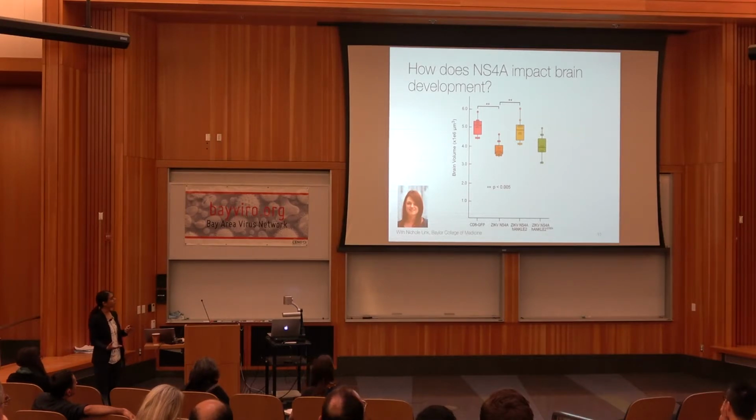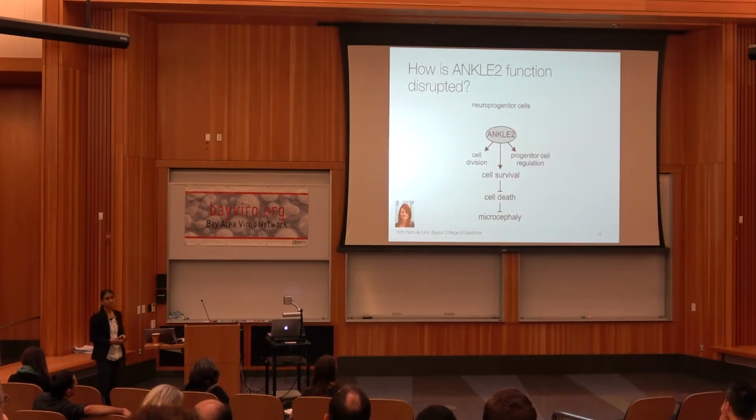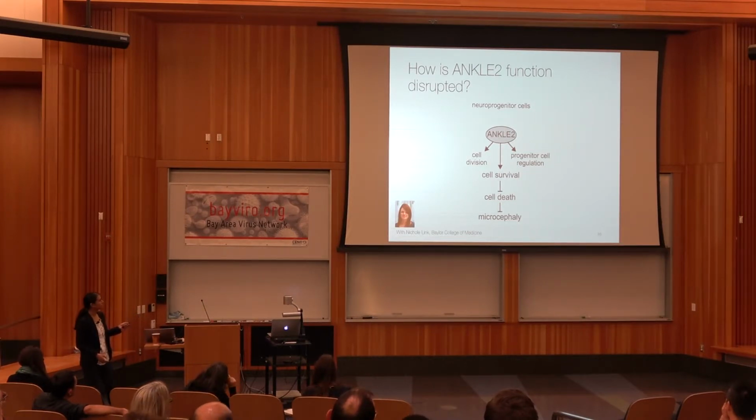What's also really great about Nicole is that over the course of her postdoc, she's learned a lot about ANKL2 biology independent of Zika virus. What she's learned is that in neuroprogenitor cells in flies, ANKL2 has three main functions.